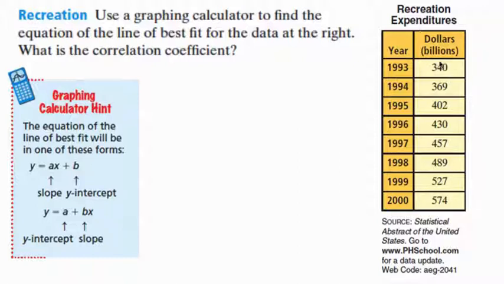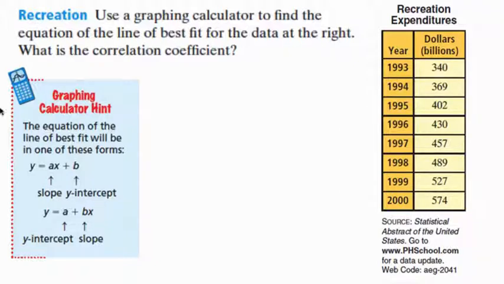We have $340 billion, not just $340. This billions is extremely important. $369 billion in 1994, so we're increasing. As the year increases, our expenditure amount increases. So we're going to see if there's a linear correlation to this data.